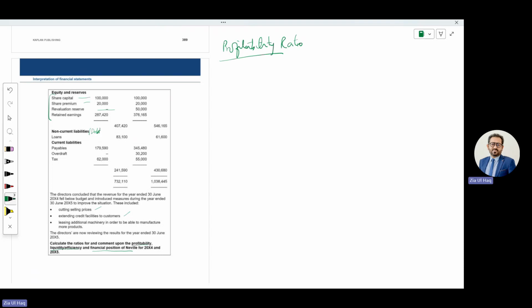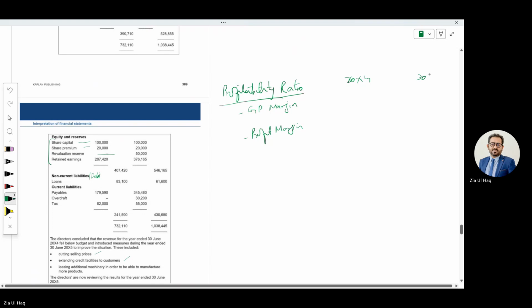You need to calculate GP margin for both years, 20x4 and 20x5, profit margin for both years, and then return on capital employed for both years. And you need to calculate asset turnover. You will calculate it by yourself.